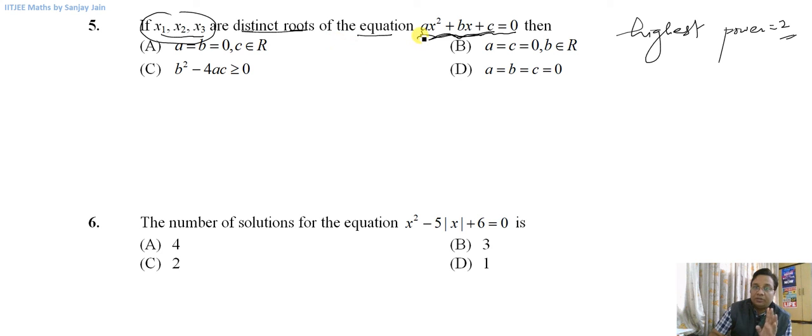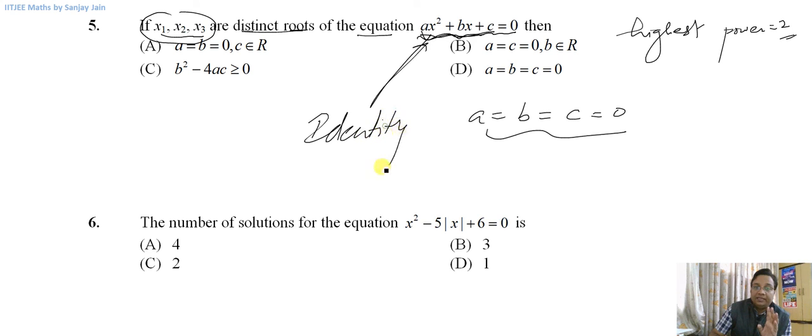This is possible only when a is equal to b is equal to c is equal to 0. That is, this is an identity. It will be satisfied for any value of x. So a equal to b equal to c equal to 0 is the right answer for this question, and we have discussed this in our lectures also.